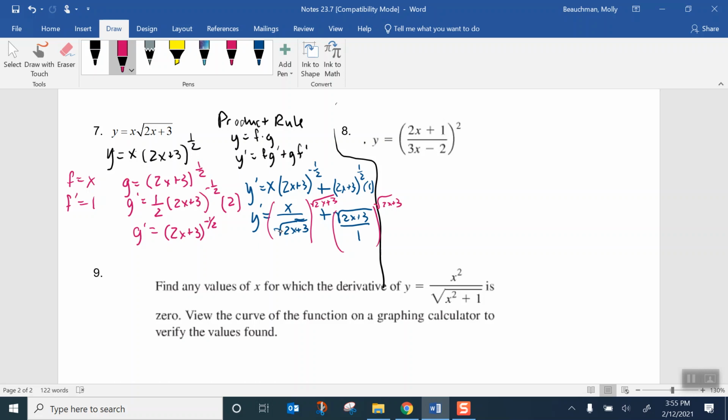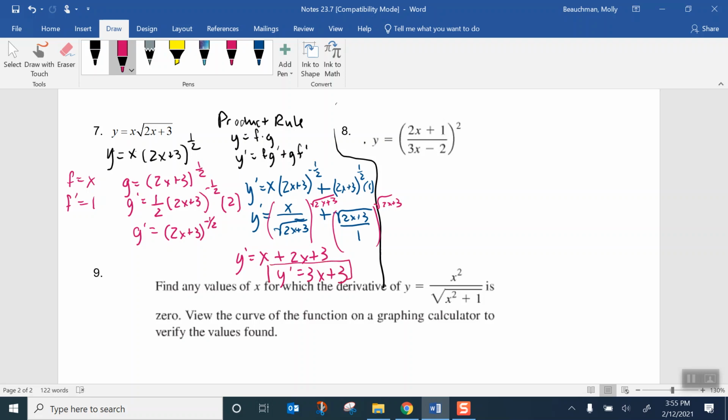In the first fraction, the square root of 2x + 3 terms cancel each other out. We're left with x plus the square root of 2x + 3 times the square root of 2x + 3, which is just 2x + 3. And we end up with a derivative of 3x + 3.